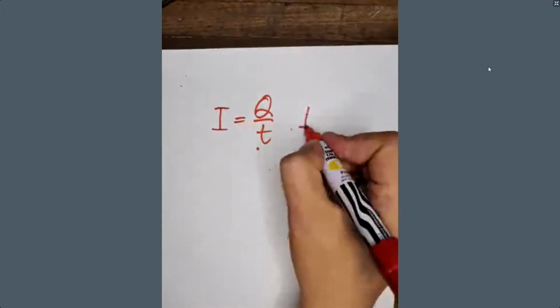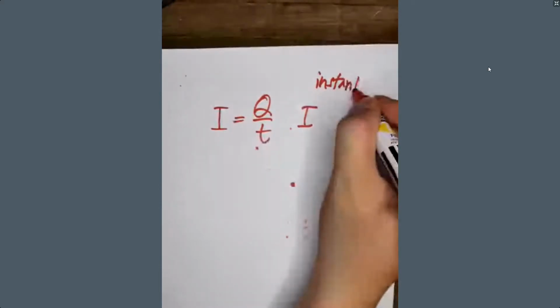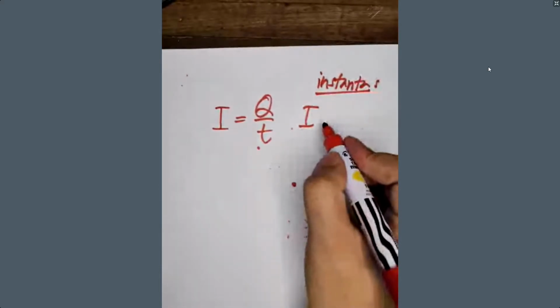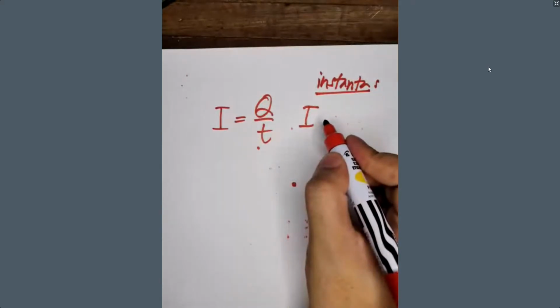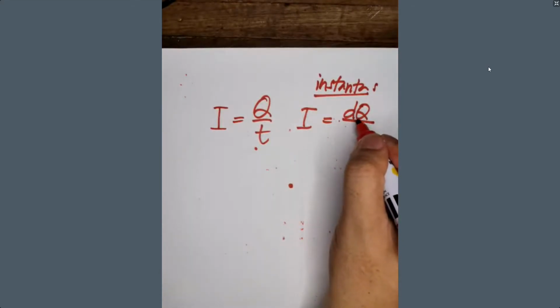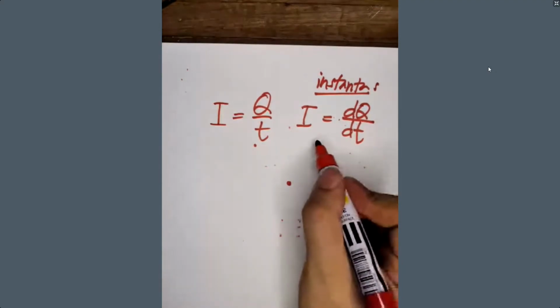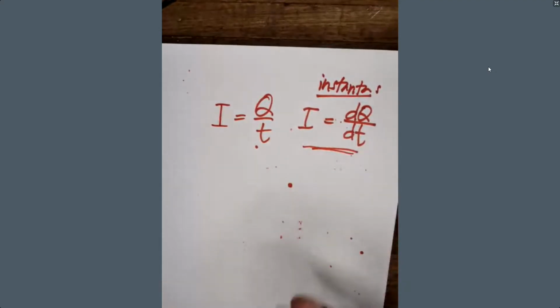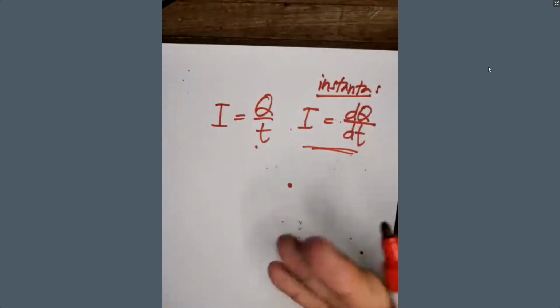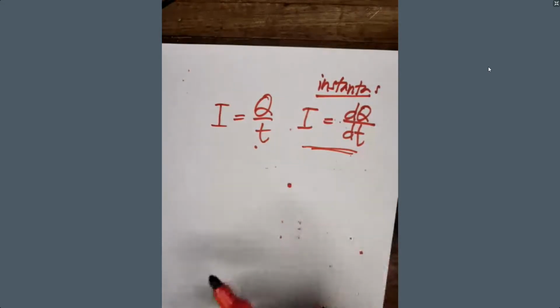Ngayon, kung instantaneous naman ang pag-uusapan, that's the derivative, dq over dt. Kung instantaneous ibig sabihin at that particular instant at any time, so we can solve for the total charge or the total current passing to a particular point or conductor or wire.